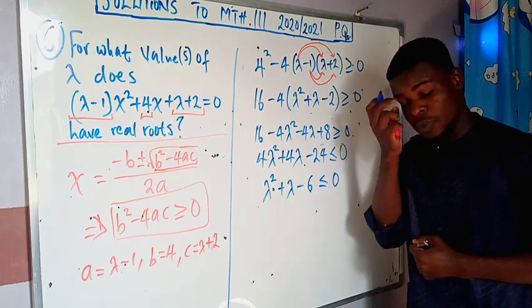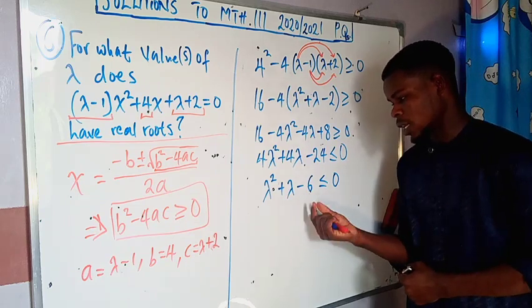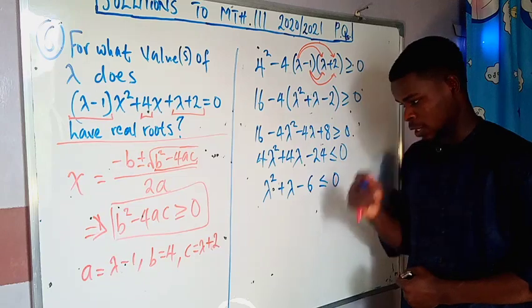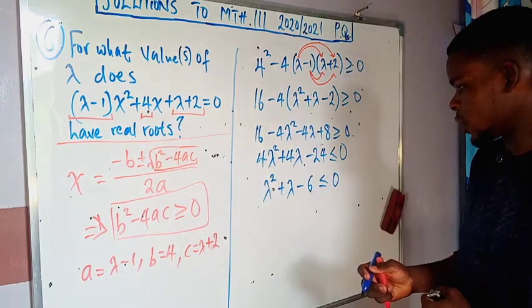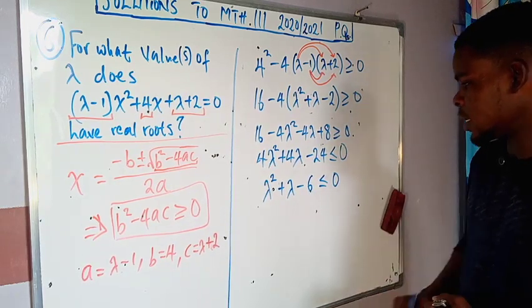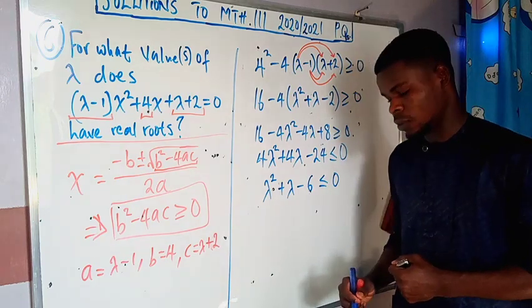I'm going to make use of the factorization method. On the left hand side we have negative 6, so I'm looking for 2 factors that multiply to give negative 6 and add to give positive 1. I'm going to think of 3 and negative 2.